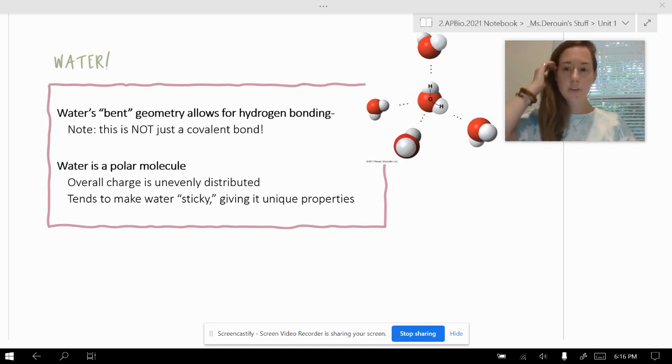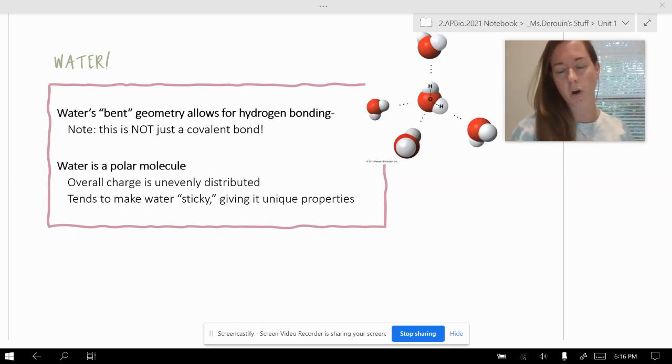So the overall charge, as we talked about in the last video, is unevenly distributed. So even though an entire water molecule is neutral, within that neutral molecule there's the oxygen that has a little bit of a negative going on and the hydrogens that have a little bit of a positive going on, which gives water this sort of sticky ability, which is really cool.